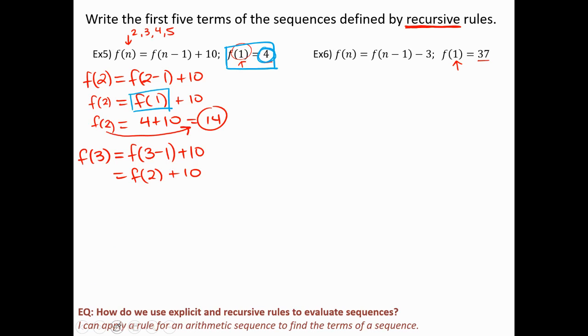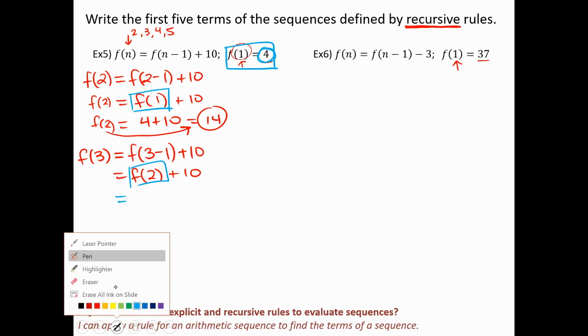So I already know that f of 2 is 14. So I'm going to use that instead of f of 2. So hopefully we're starting to see the pattern that we use here with recursive rules. It's how recursive rules work. Okay, so whoopsie, I want to do this with red.